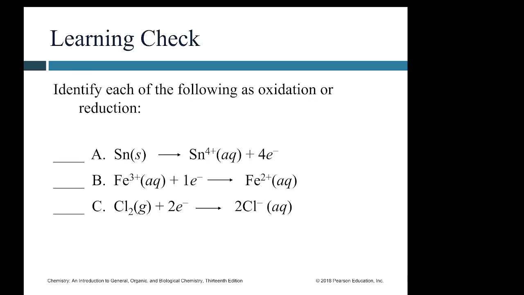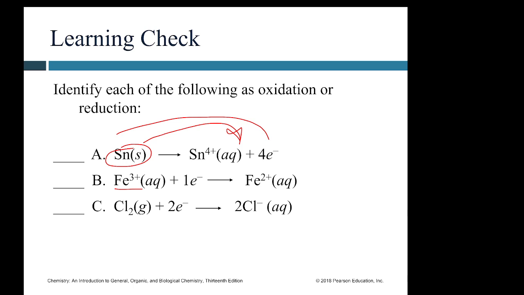Okay, so let's go ahead and identify each of the following as an oxidation or reduction. I split the reactions up into two halves. So over here we have a metal. It is then going to a product where it has lost the electrons, hasn't it? Is that an oxidation or a reduction? An oxidation. Here we have a positive metal, don't we?